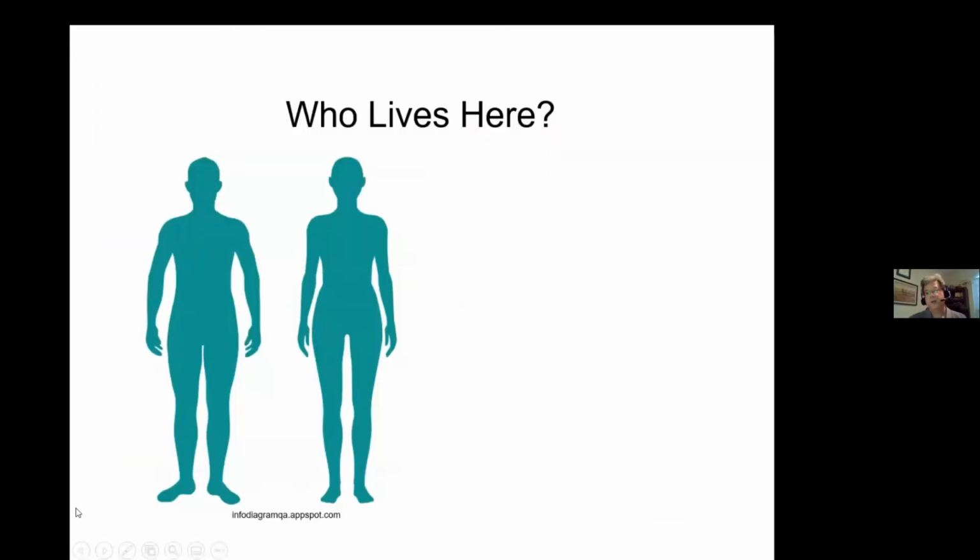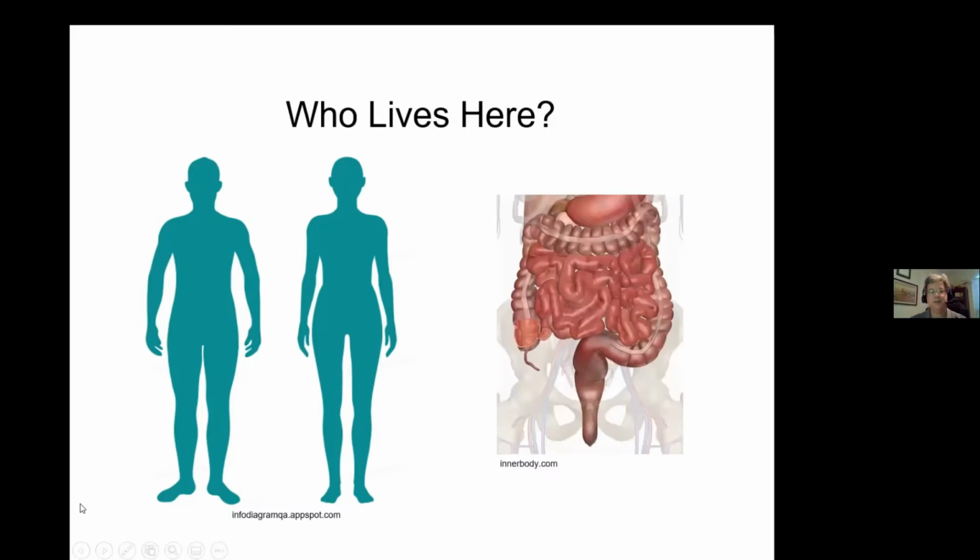All right, so what if we want to say who lives in this environment, right? Especially like who lives in your gut? That's also an environment. Or you could say who lives in the prairie dog gut, or who lives on the prairie dog skin, or who lives in the ducks. That's one question we actually are asking at MSU. I have some students working on that project, and my wife has some students working on that project up in chemistry.